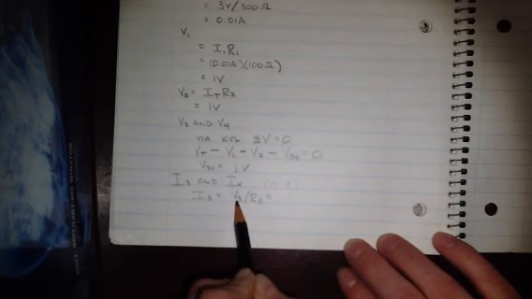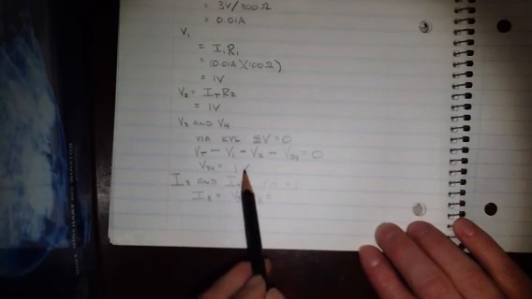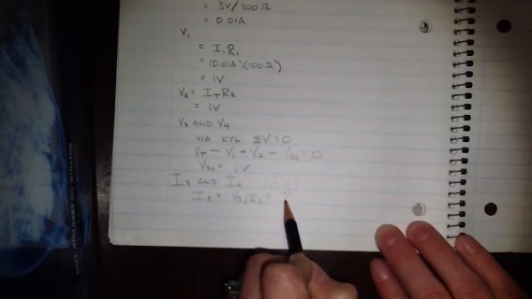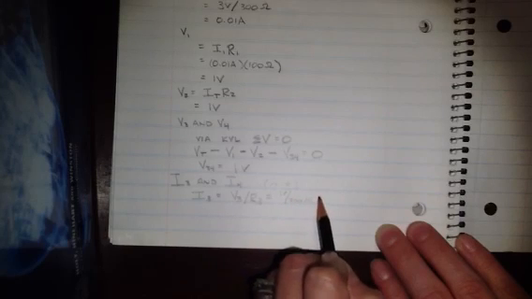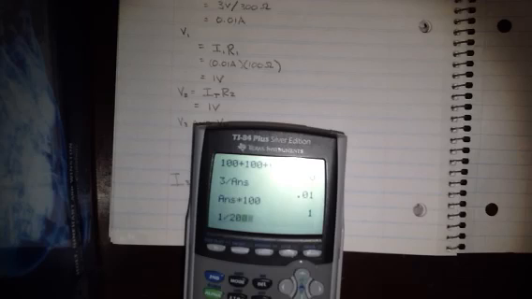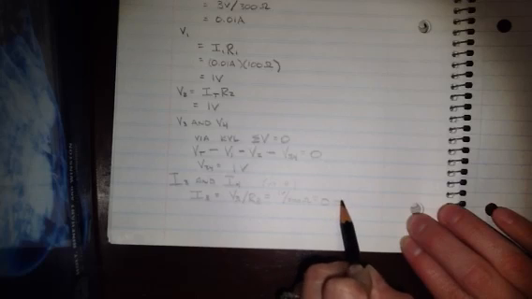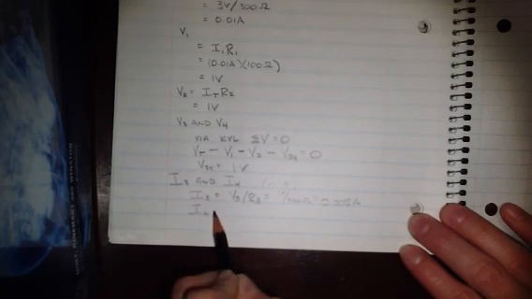The voltage drop across resistor 3 we solved for just a moment ago. It was 1 volt. And the value of resistor 3, 200 ohms. 1 volt divided by 200 ohms, 0.005 amps. And remember that I4 will be the same.